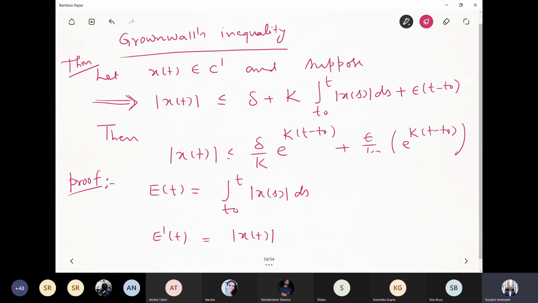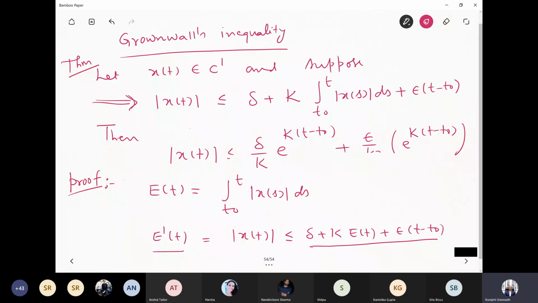And we know from the hypothesis that this is less than or equal to delta plus k times E(t) plus epsilon times (t minus t naught). So you have a relation that E prime is less than or equal to delta plus k E plus epsilon times (t minus t naught).